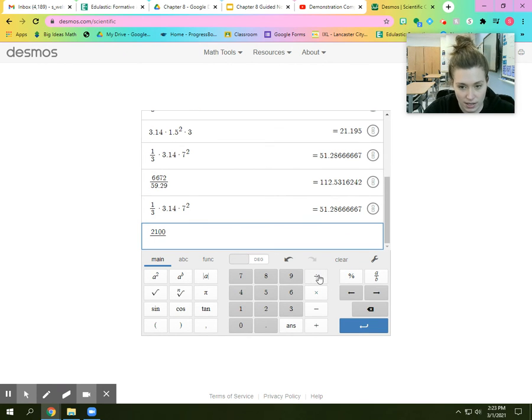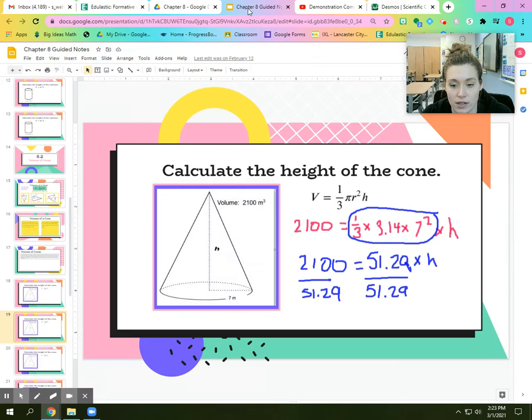We get about 40.94. So we'll say 40.94 equals my h. So now the missing height of this cone is 40.94.